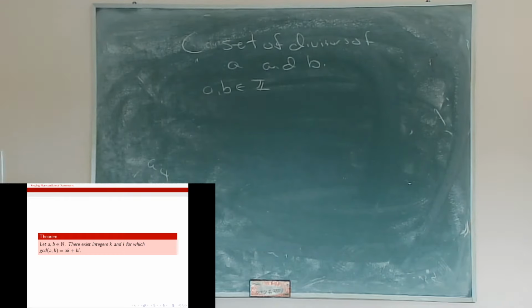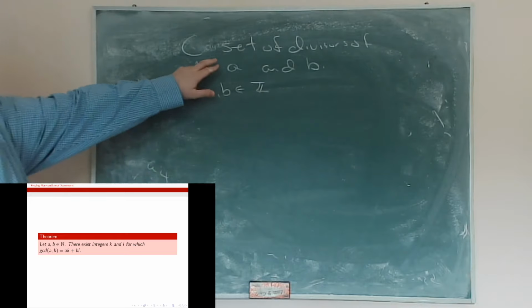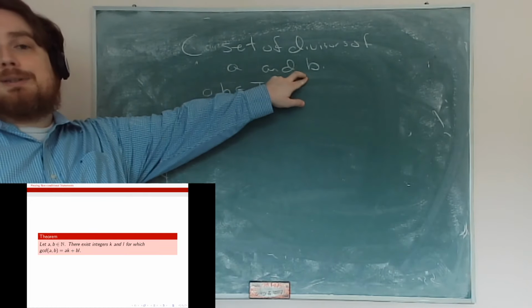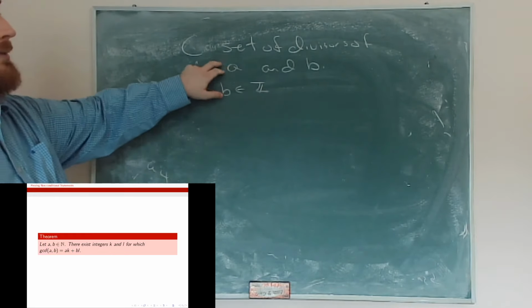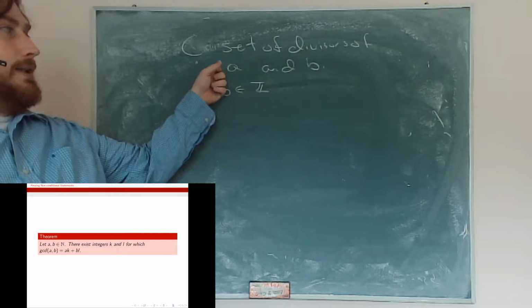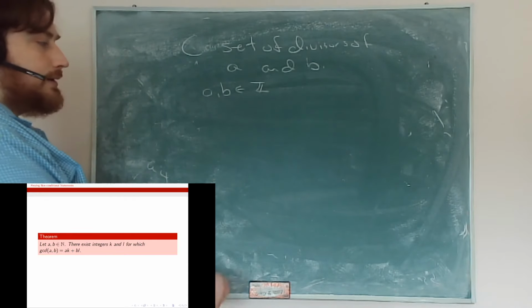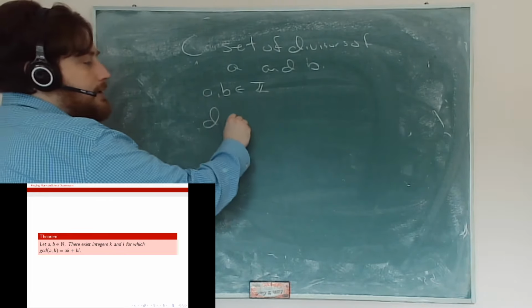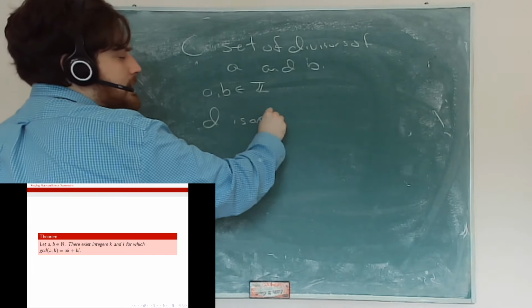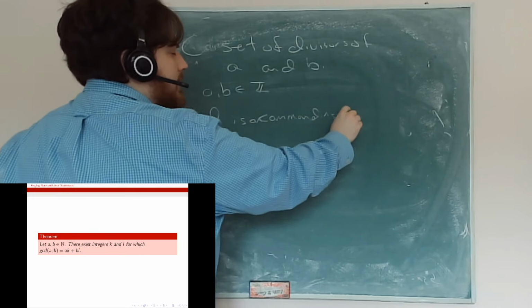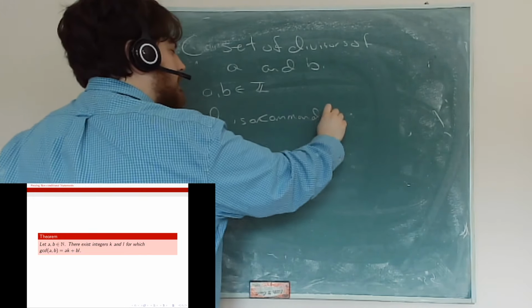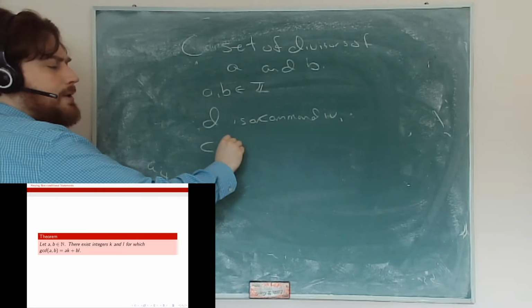All right, Danny, I don't understand. Where did you get the part where it says D divides A and D divides B? So the idea is that if D divides A and D divides B, we're saying it's a common divisor of A and B. And furthermore, if C divides A and C divides B, that means that C is also a common divisor. So D is a common divisor, and C is some other common divisor.